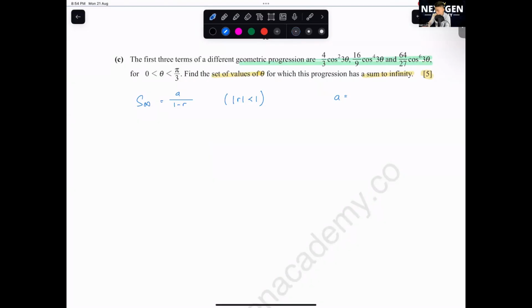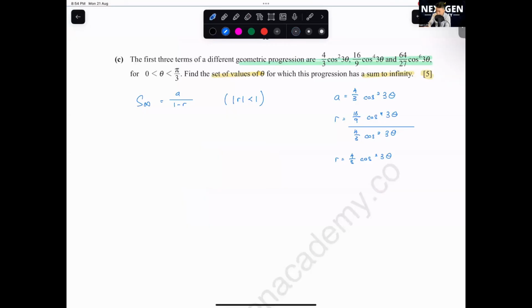So a is equal to 4 over 3 cos squared 3 theta. r is equal to 16 over 9 cos to the power of 4 of 3 theta over 4 over 3 cos squared 3 theta. Simplify this, you will get 4 over 3 cos squared 3 theta.